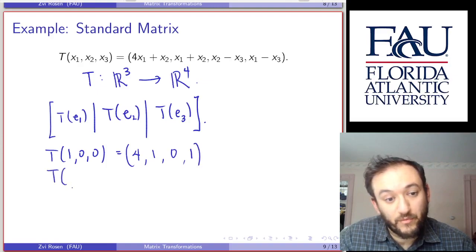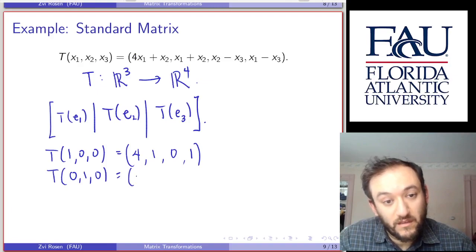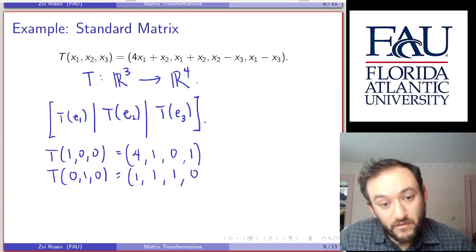Next up, we would get T of 0, 1, 0. This is the second standard basis vector. And that would give us 0 plus 1 is 1, 0 plus 1 is 1, 1 minus 0 is 1, and 0 minus 0 is 0.